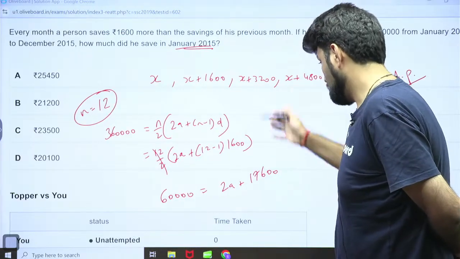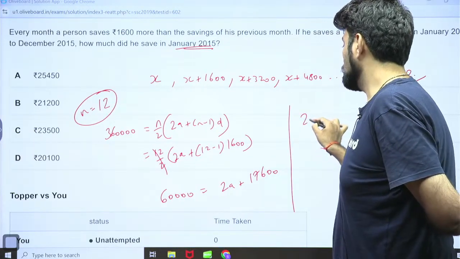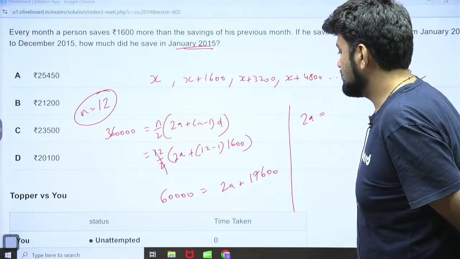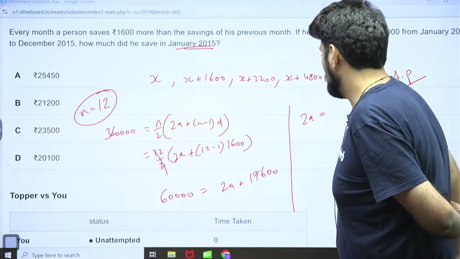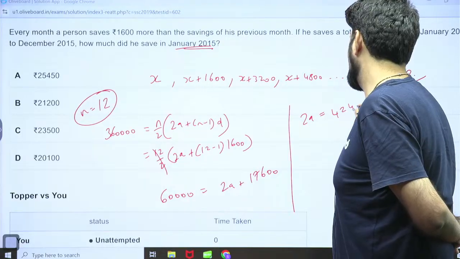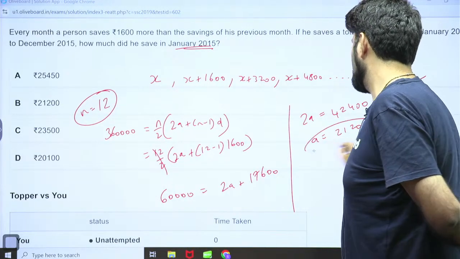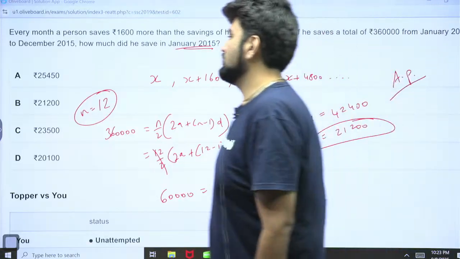My God, look at my brain today. So 2A is 60,000 minus 17,600. Okay. 60 minus 17 is 43, 42,400. So A is equal to 21,200. 21,200, option B is the right answer.